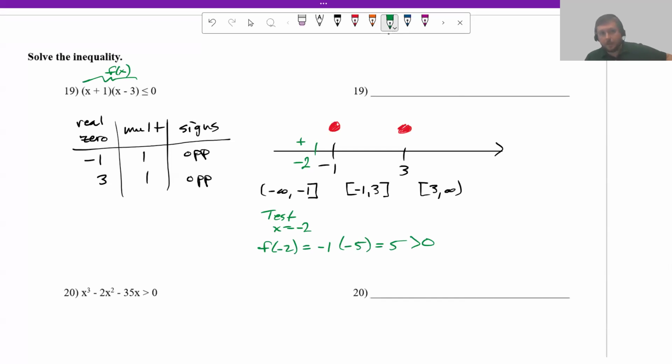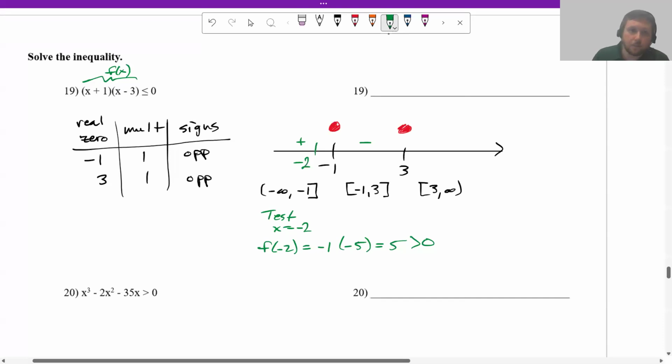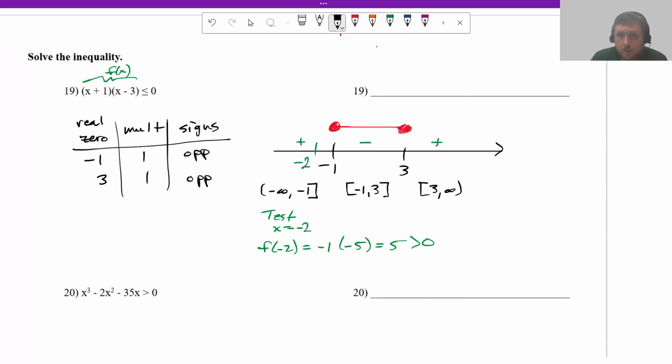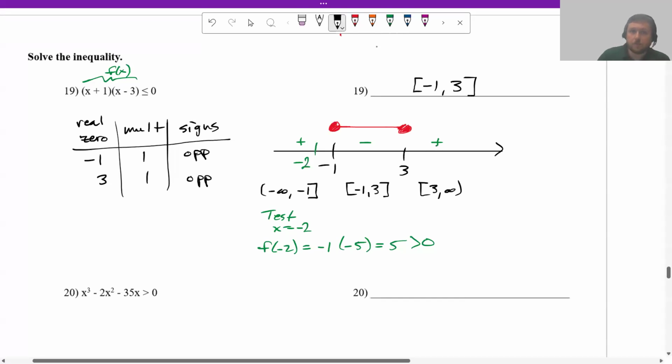Now, since my multiplicity on the -1 is odd, then they're going to have opposite signs. So then the next region should be negative. The multiplicity on the 3 is also odd, so it's also going to have the opposite sign in the next region. So that's going to be a plus. We were looking for less than or equal to 0, so then we want the negative region. So then my final answer is going to be -1 to 3 inclusive on both.